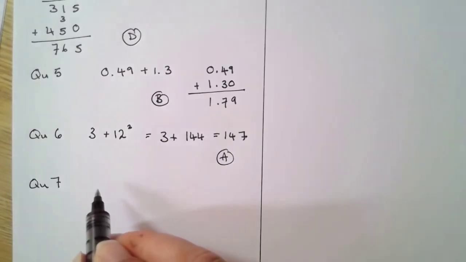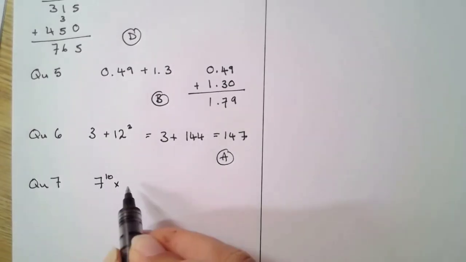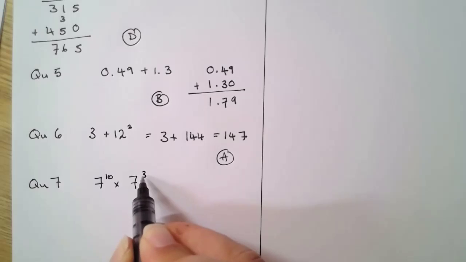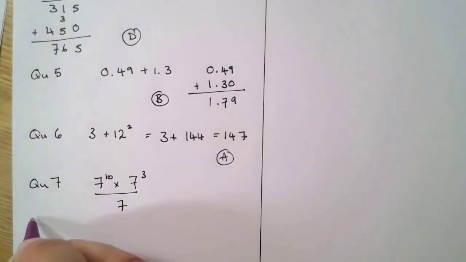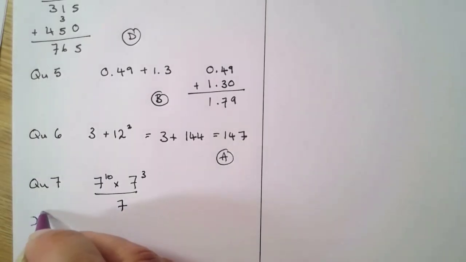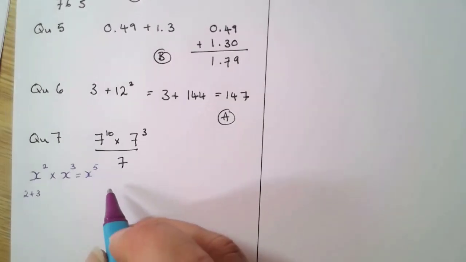Question 7. Right, so this is index laws. Do you remember how to do x to the power of 2 multiplied by x to the power of 3, for instance? You take your 2, you add your 3, and it becomes x to the power of 5.